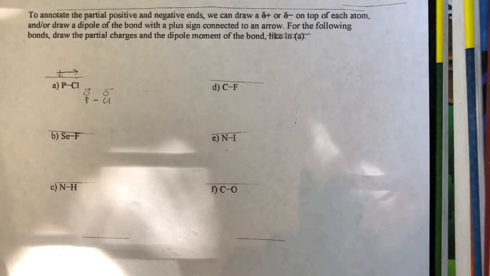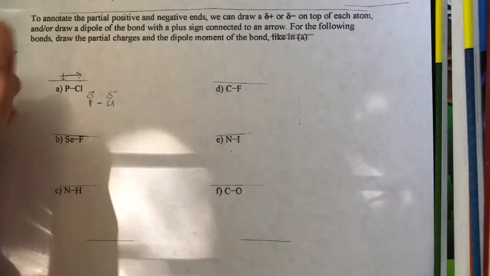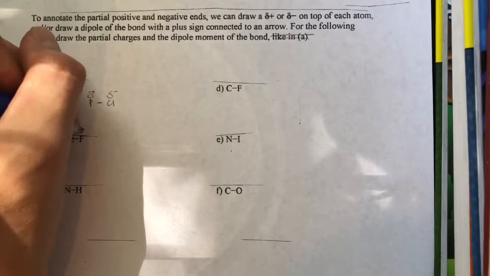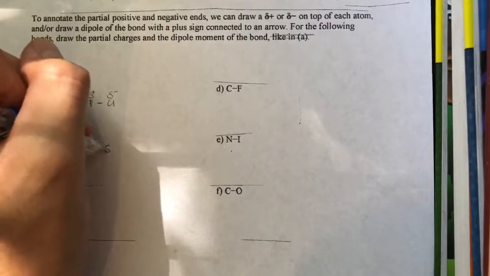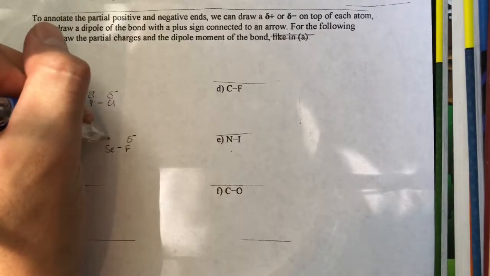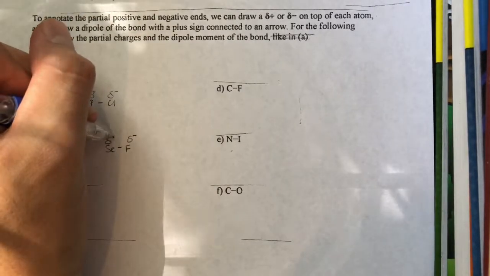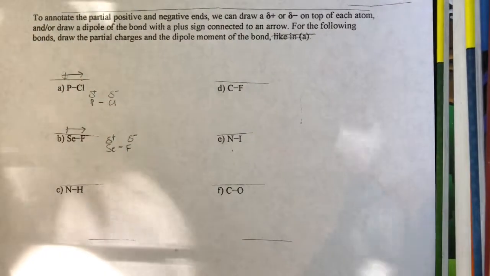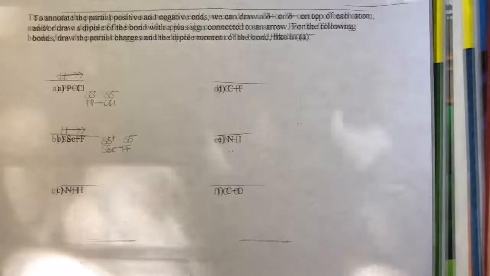Continuing Se and F, we see that F is more electronegative, so this will be the dipole direction. F will be more electronegative, so that'll be partially negative, and Se would be partially positive.